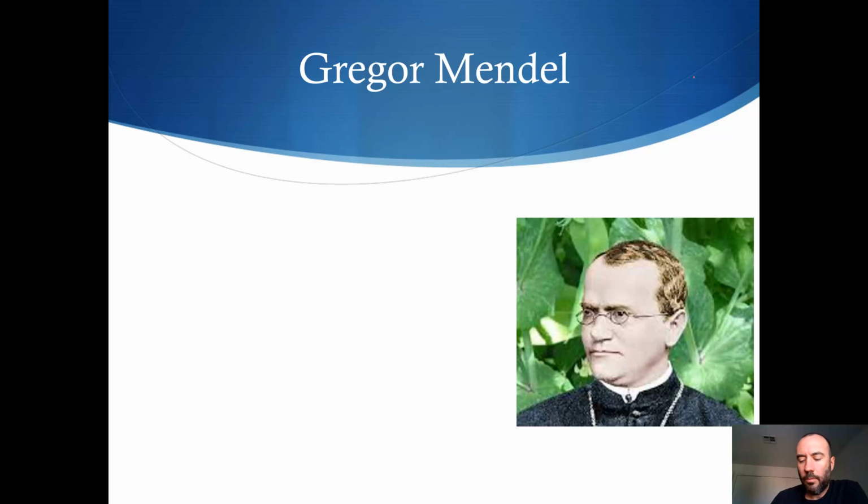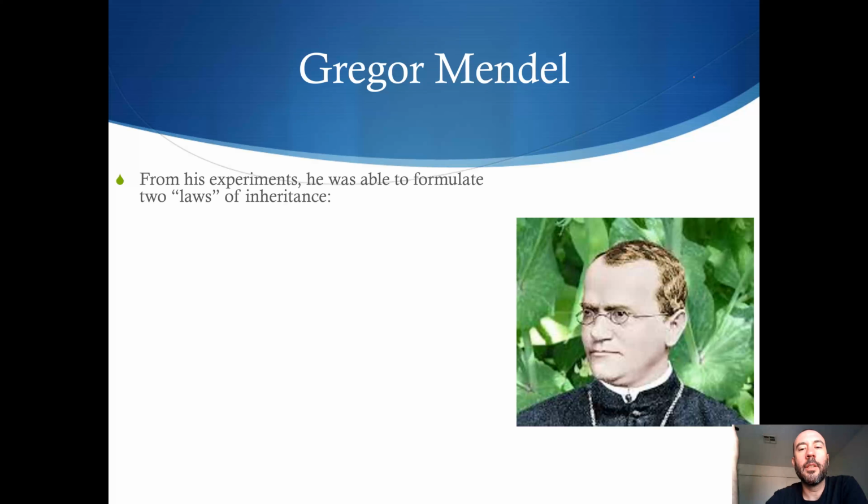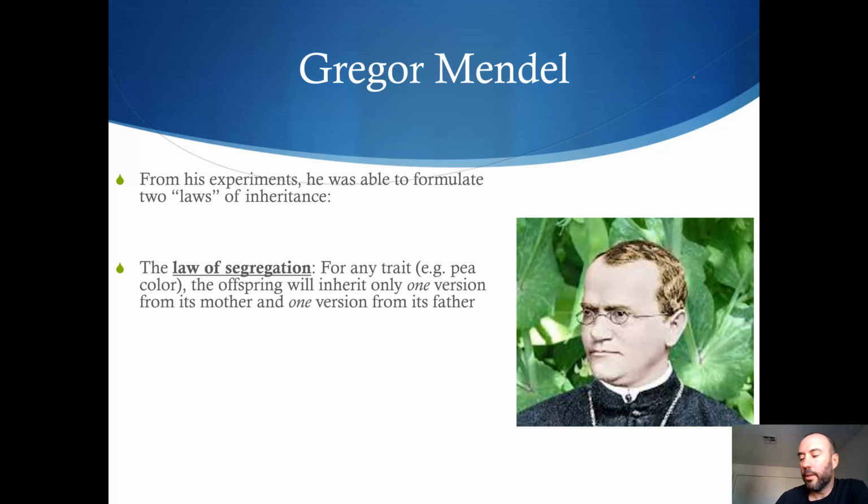And so, from these experiments that he did on different traits of pea plants, he was able to come up with two what he called laws of inheritance. One is called the law of segregation. You know, this is not segregation like in a legal sense, right? But segregation means to sort of separate things out.